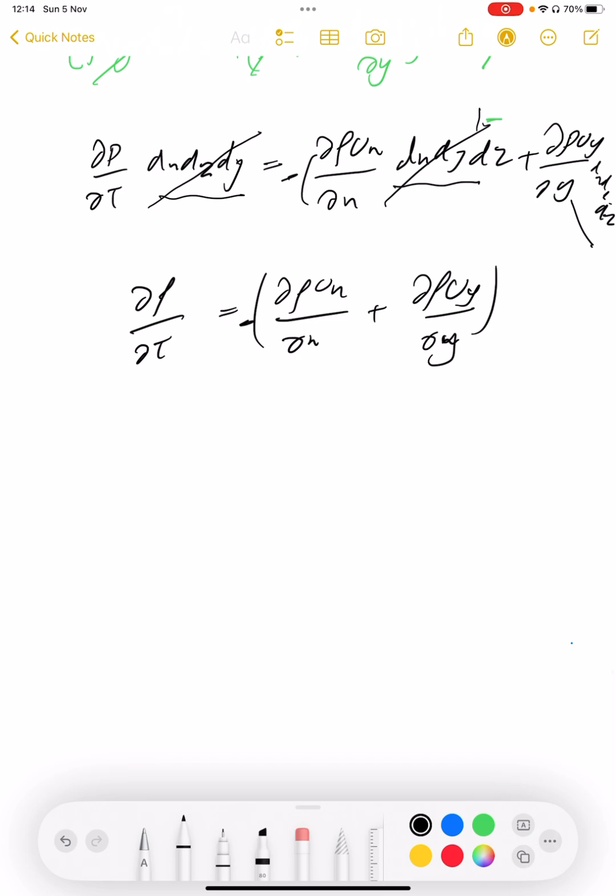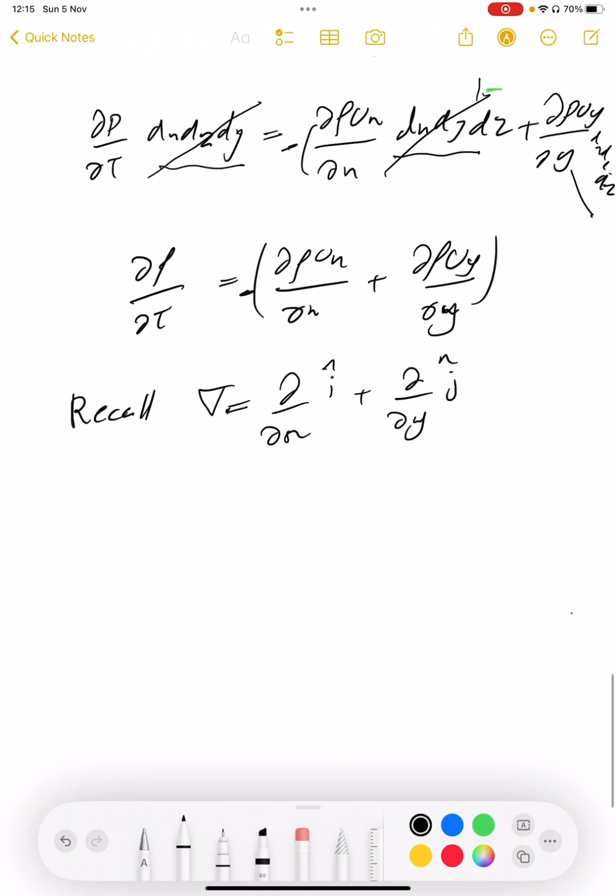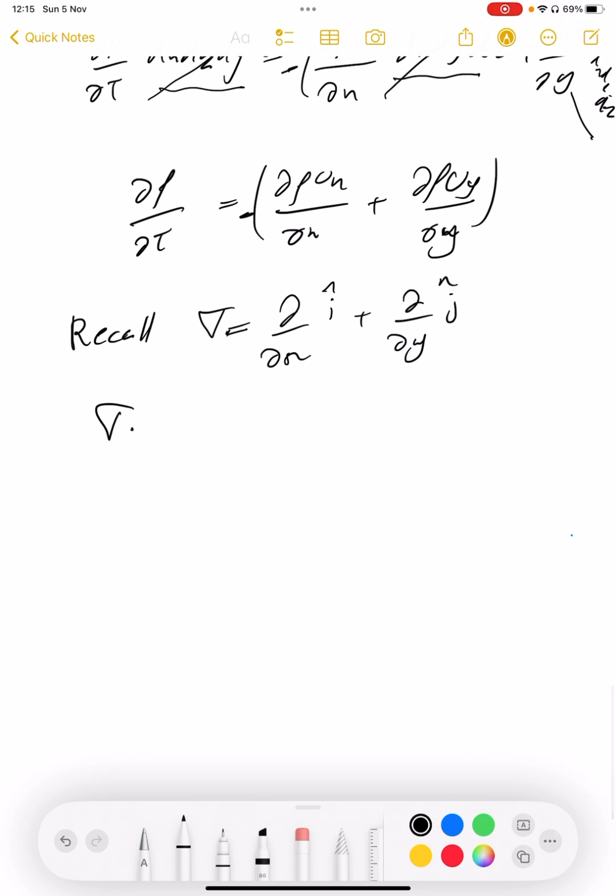Okay, I got from there to this point, and if you recall the gradient definition, that would be dx i plus dy j, and the divergence of velocity would be ux dx plus uy dy.